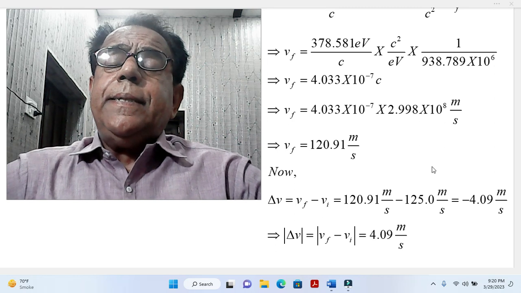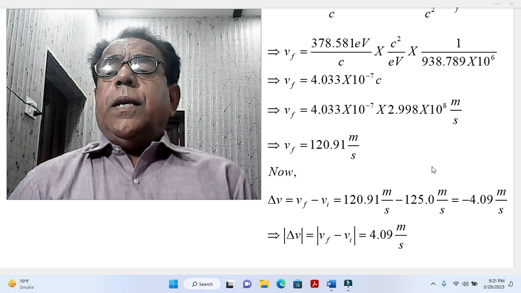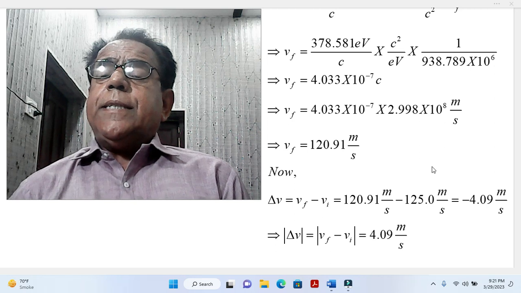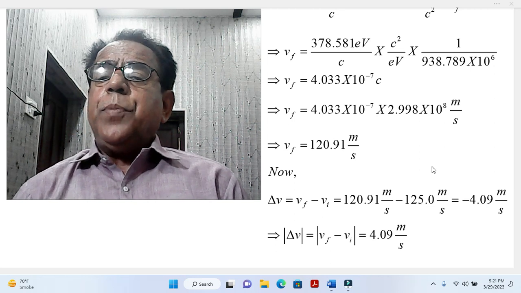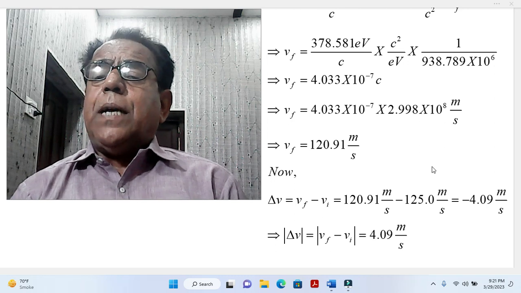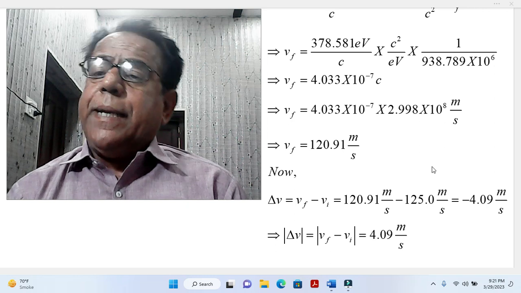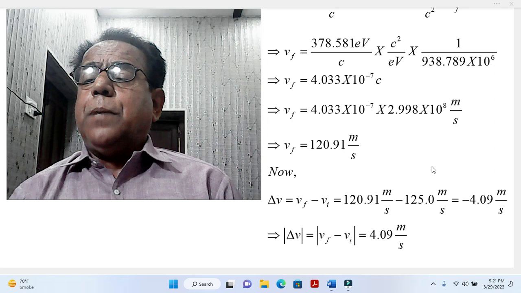Because speed is a scalar quantity, it can never be negative. So actually we should subtract the smaller quantity from the larger quantity. Here we should use delta V equal to 125.0 meters per second minus 120.91 meters per second.